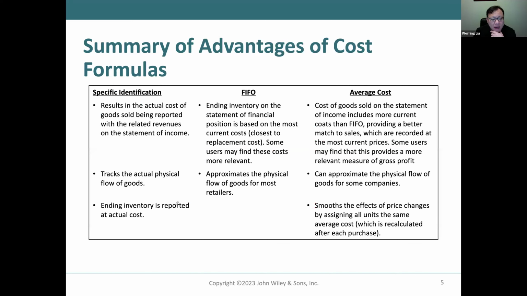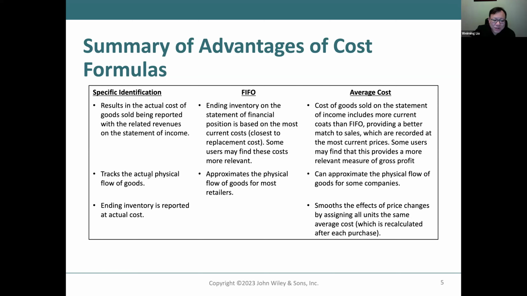This slide is a summary of the advantages of the cost formulas. You compare the three cost formulas: specific identification, FIFO, and average cost. What are the advantages? With specific identification, you keep track of each item, because you have low volumes of inventory, normally with larger dollar amounts, so you are able to track each of them.